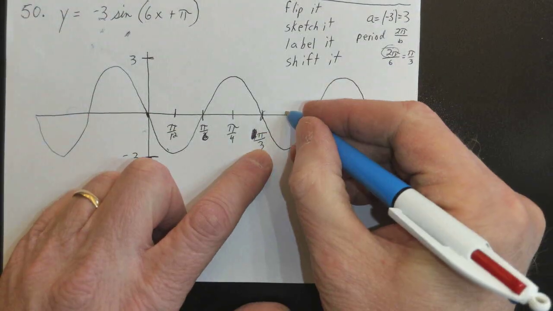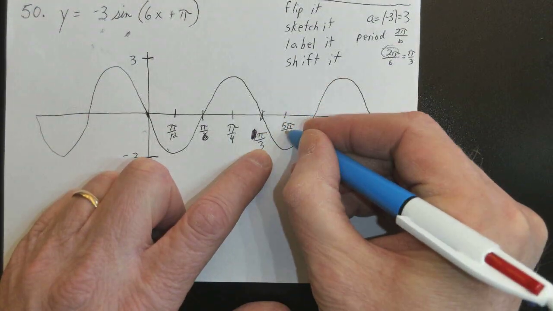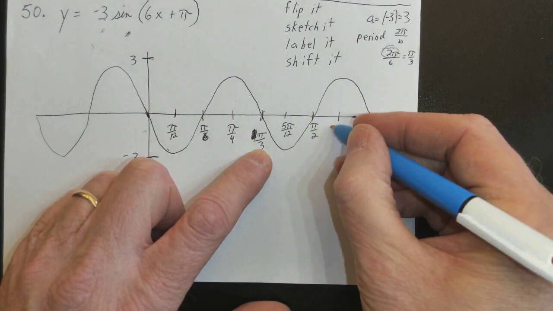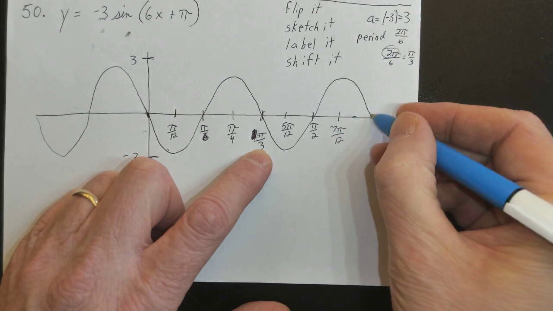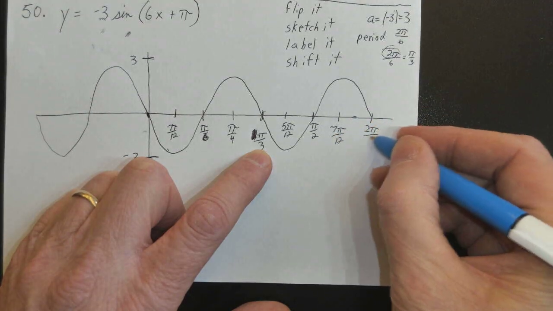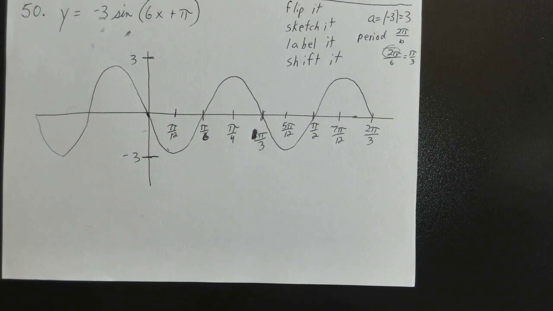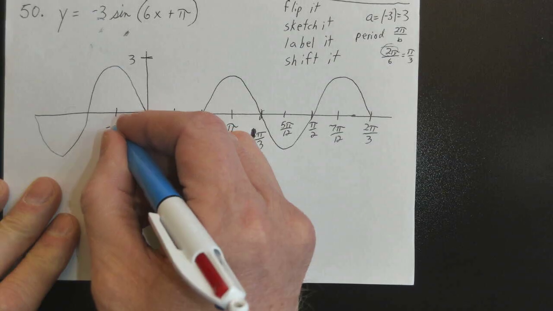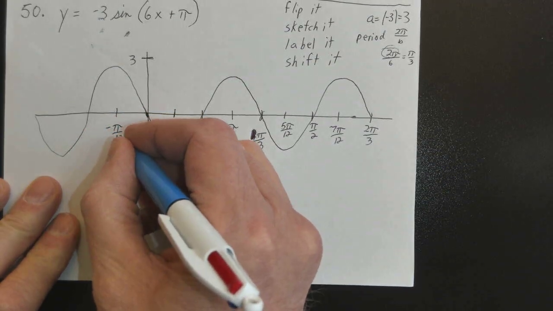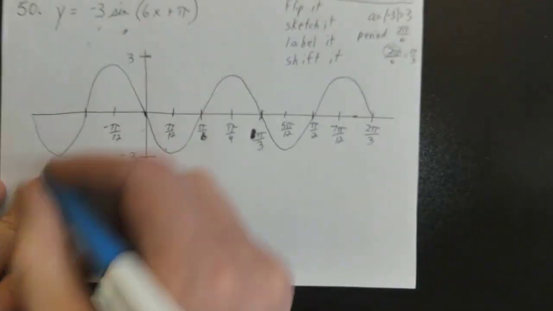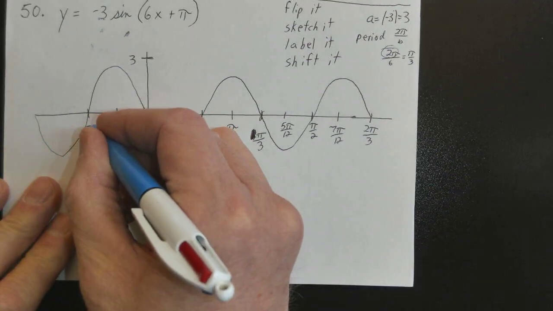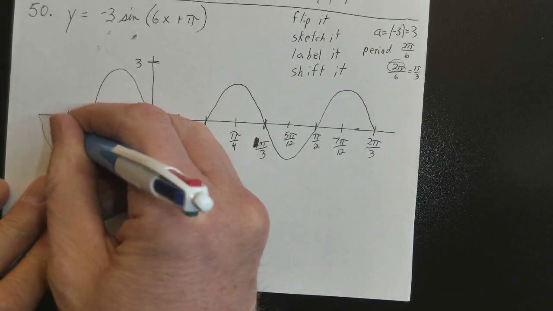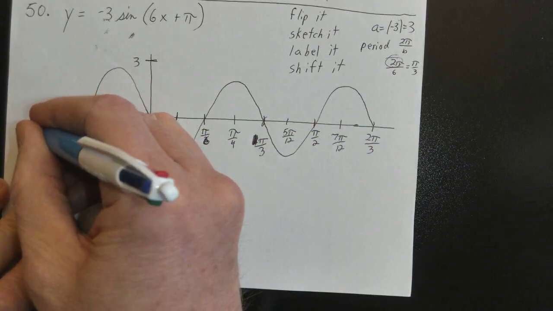Four pi over 12, 5 pi over 12, 6 pi over 12, which is pi over 2, 7 pi over 12, 8 pi over 12, which is 2 pi over 3. Is everybody comfortable with the labeling on the x-axis that we're doing? Any questions on that? Negative pi over 12, negative pi over 6, and I can just look over here. The opposite's negative pi over 4, and negative pi over 3.